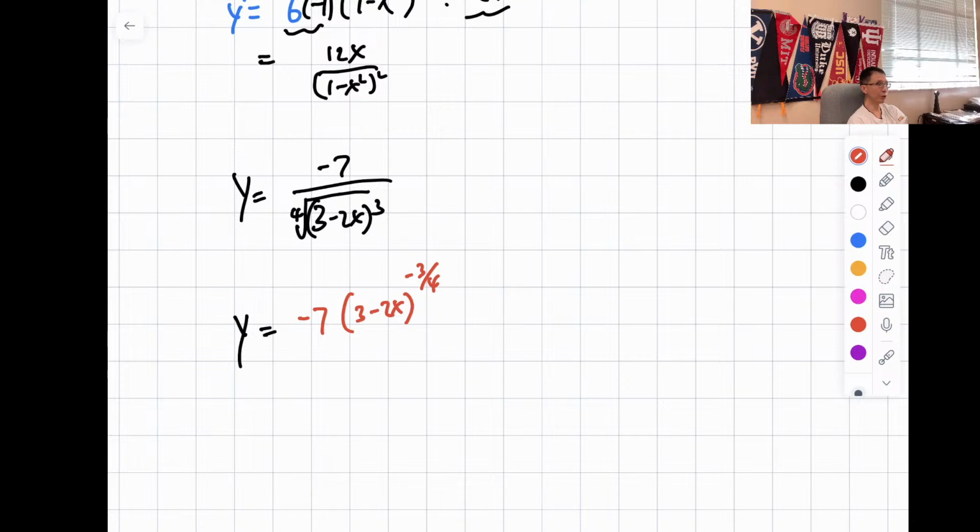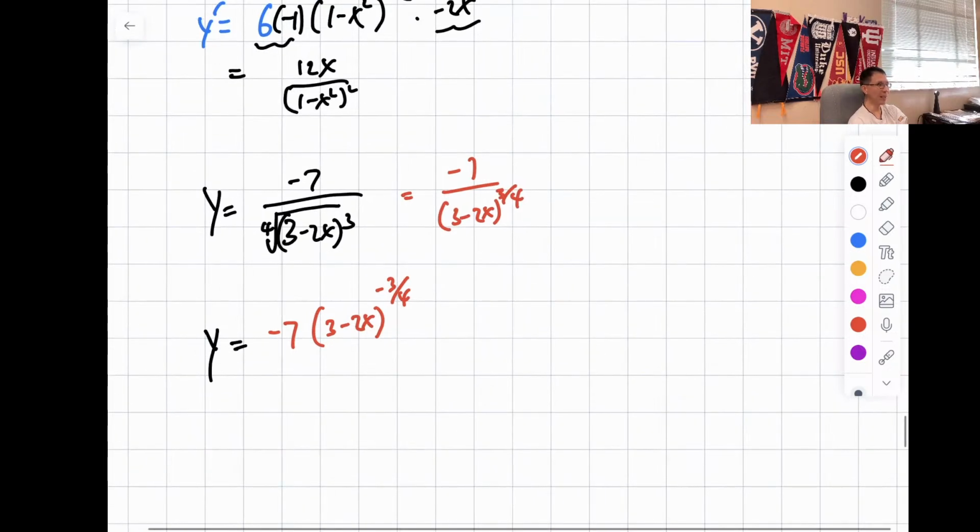It is -3/4, because this one is going to be 3 minus 2x to the 3/4. Now remember, I cannot take a derivative at this moment unless you use quotient rule. So if you want to do it with a chain rule, you have to move it to the top. Does that make sense? That's equal to -7 times 3 minus 2x to the -3/4.